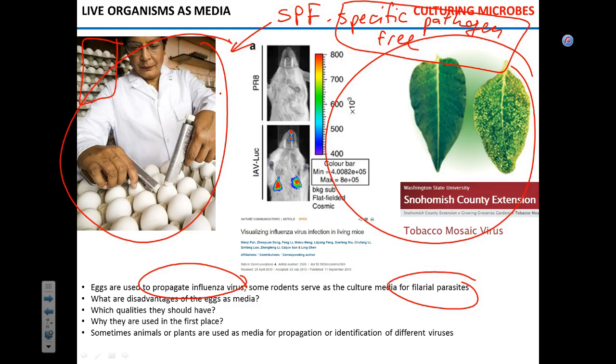In a plant, you have to cross the cell wall. And you cannot really cultivate plant cells in a flask. So you can only use the actual plants for the cultivation of plant viruses. You may think about plant viruses as being not super relevant.